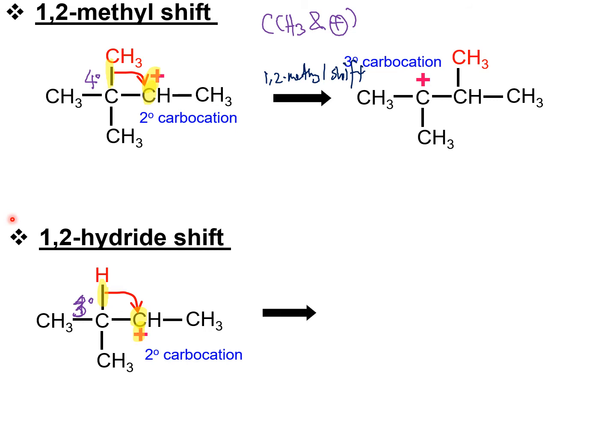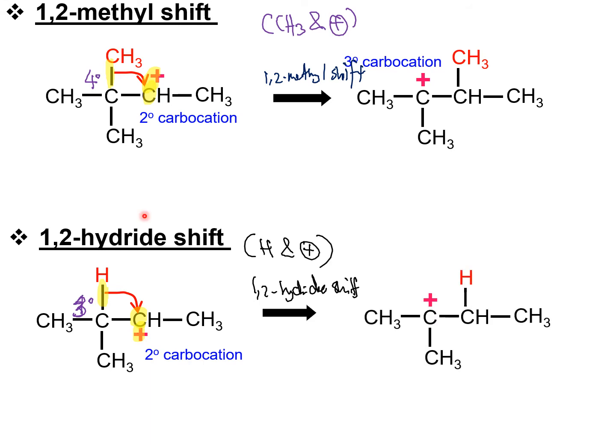Okay, therefore right now you will be doing what we call it as 1-2 hydride shift, sebab kita shiftkan between kedudukan carbocation ion and also hydrogen. Okay, and therefore now you will get a more stable carbocation ion, which is the tertiary carbocation ion.